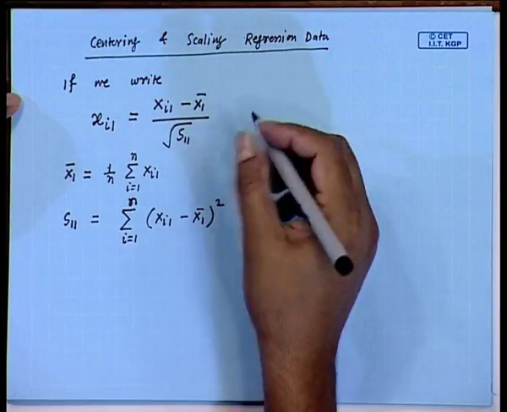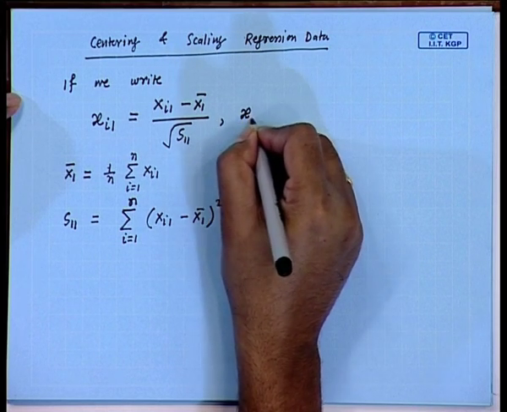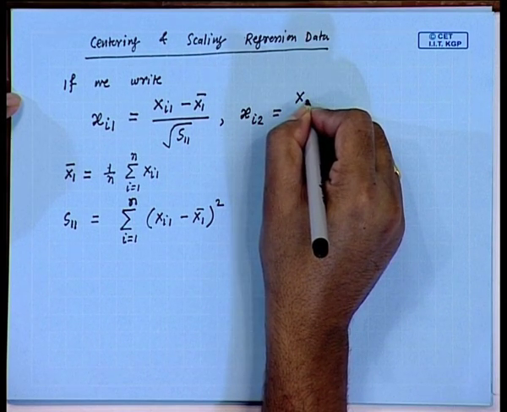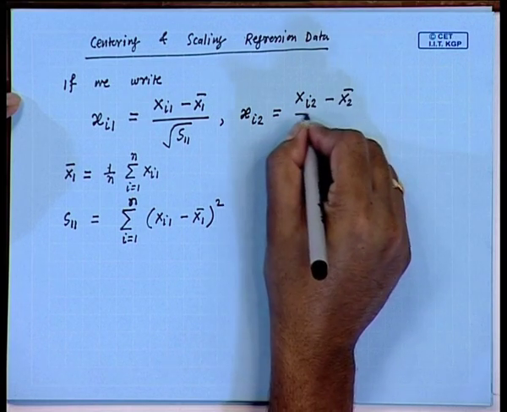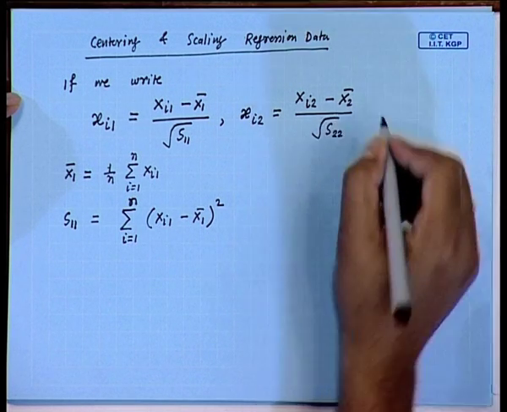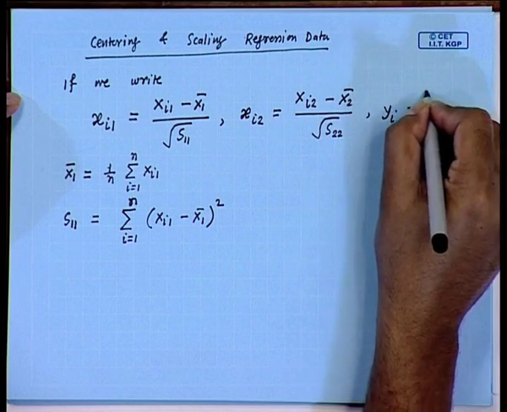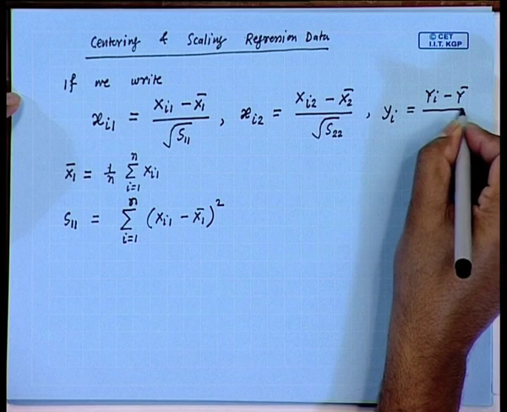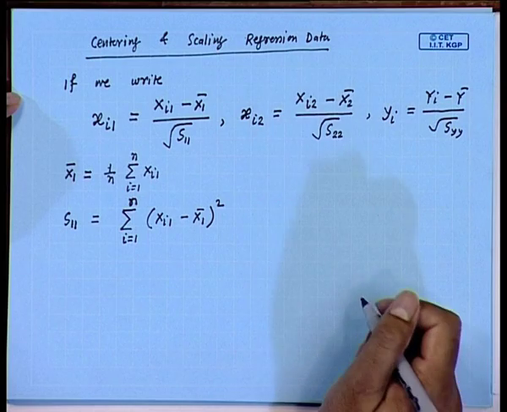Okay. So, well, let me write also x_i2 equal to (x_i2 minus x2 bar) by the square root of S22, and y_i equal to (y_i minus y bar) by the square root of Syy. Okay.